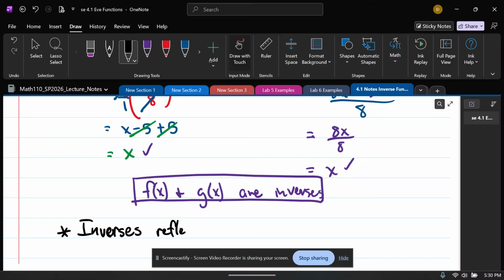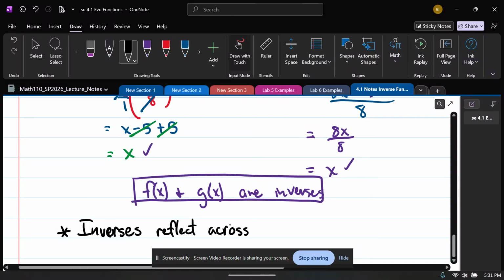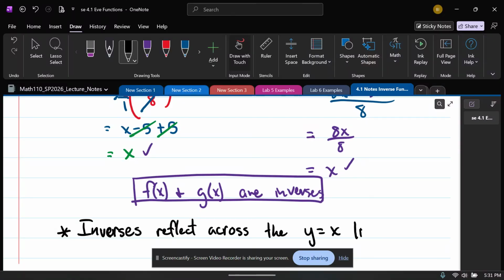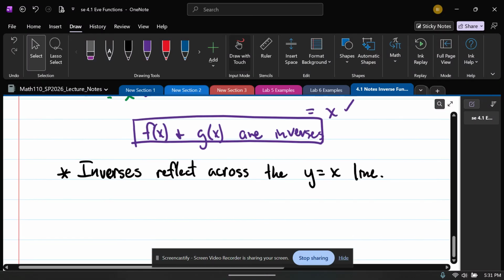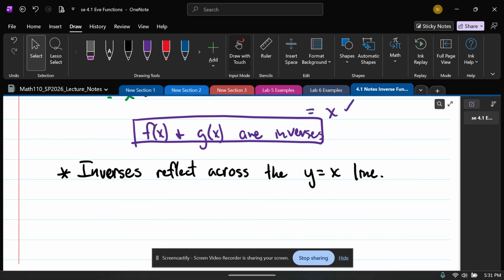Sorry guys, my pen is acting up. That's another thing that inverses do. So when they do composition, they equal x. When they graph, they reflect across the y equals x line.